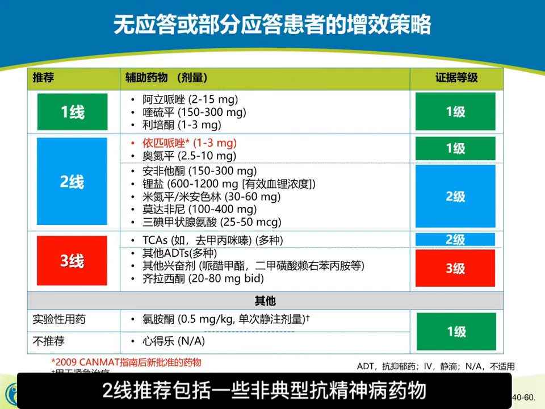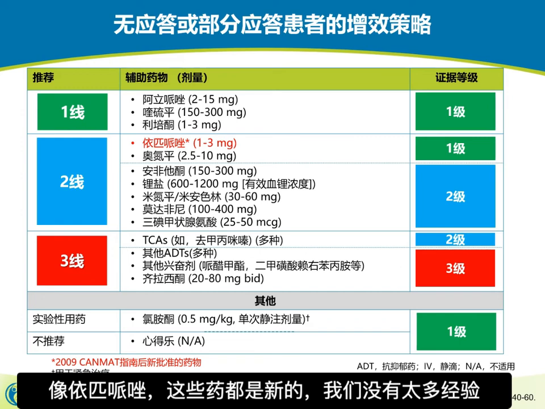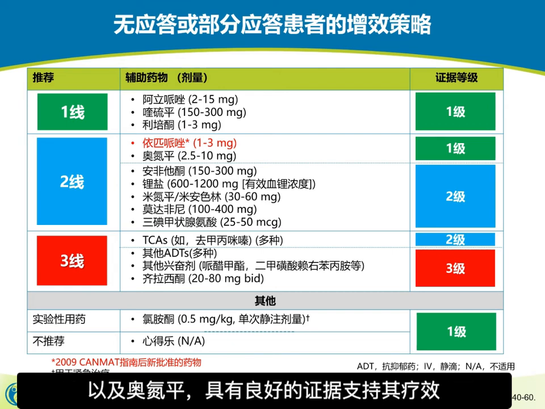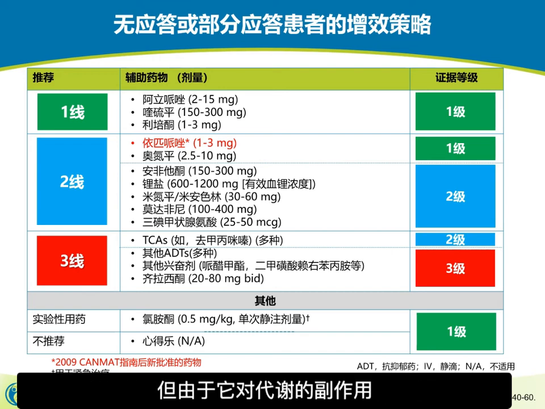The second line recommendations include some of the atypical antipsychotics like brexpiprazole that are newer and we don't have as much clinical experience with it, and then olanzapine, which has good evidence to support its efficacy, but because of the metabolic side effects, we have downgraded it to second line.